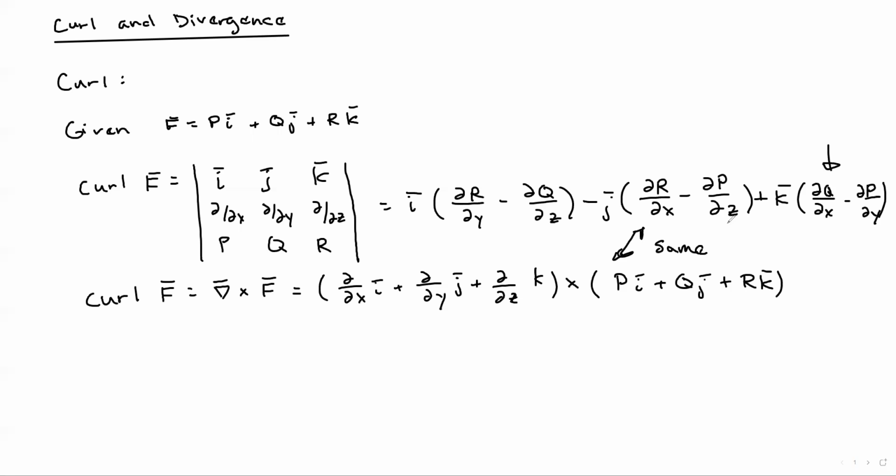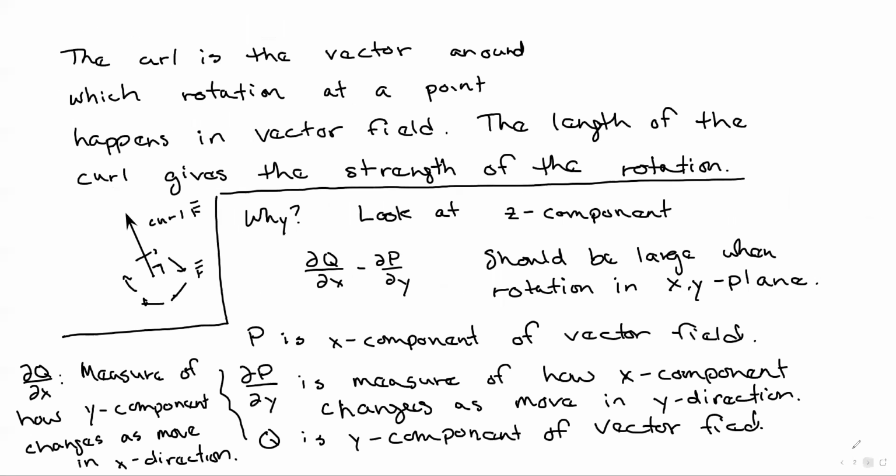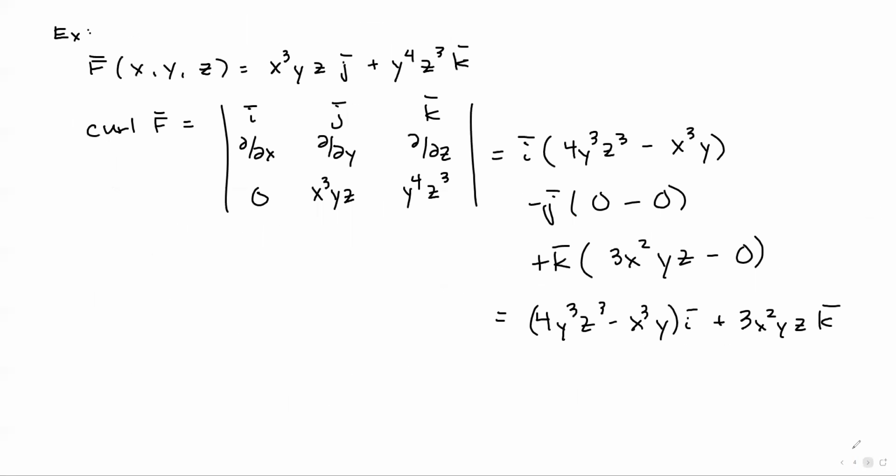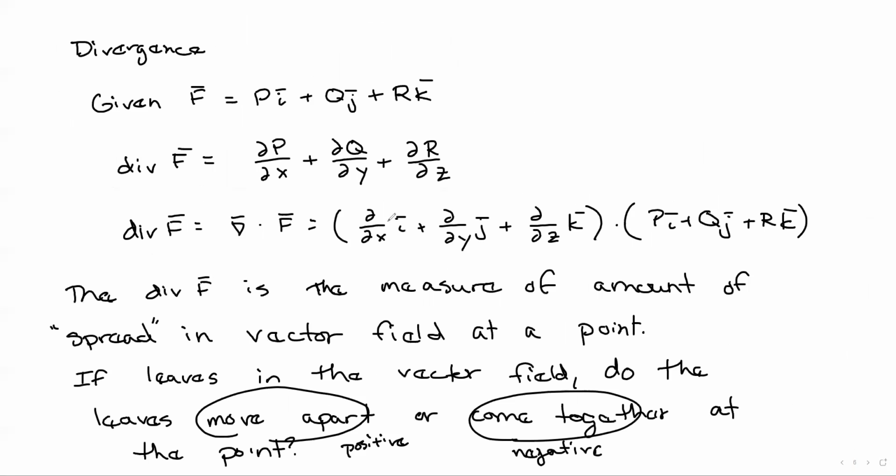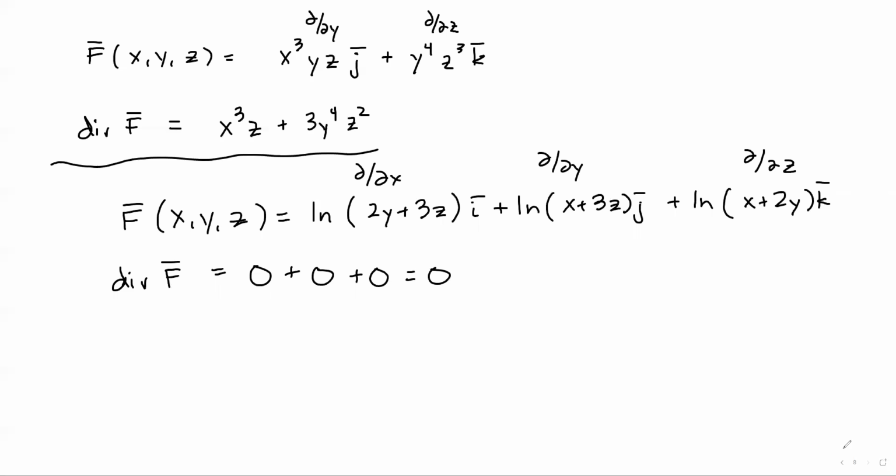So that's very important to remember that the curl produces a vector, and it's the vector around which there's rotation at that point. And then the divergence produces a scalar quantity, and that scalar quantity is a measure of the amount of spread in the vector field. So curl produces a vector, divergence produces a scalar. So those are two things that are important that sometimes students lose track of.